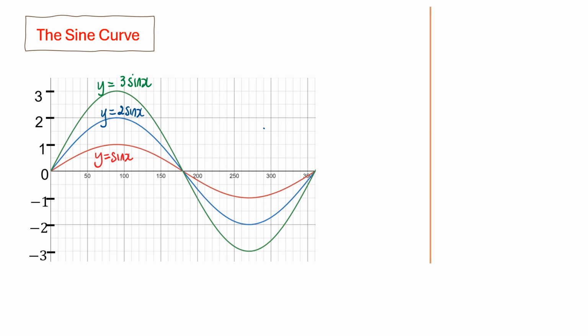Okay, from the graph, let's look at y equals sine x first. We can clearly see that the maximum point is the point that I have just indicated on the screen, and the maximum value is 1 at 90 degrees.